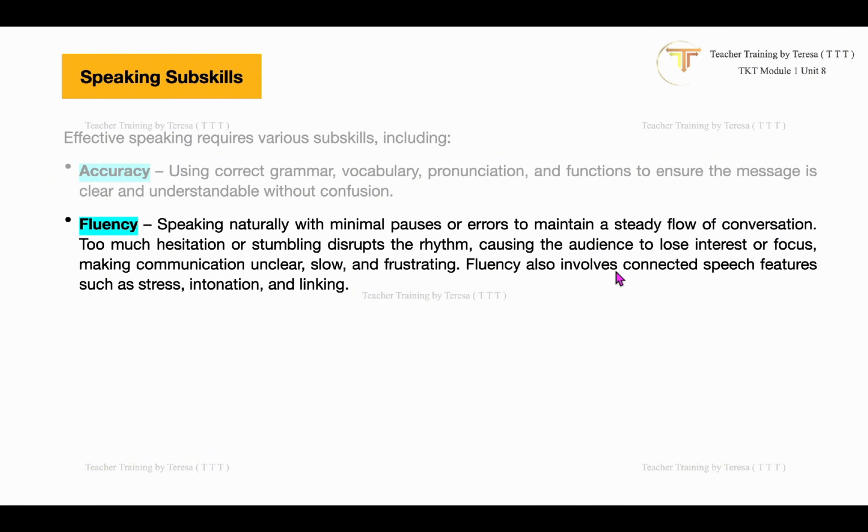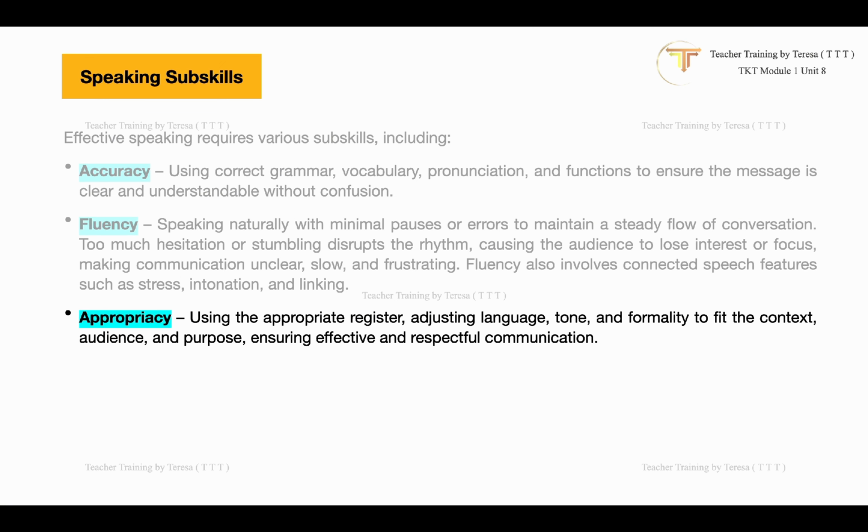Fluency also involves connected speech features, such as stress, intonation, and linking. Appropriacy, using the appropriate register, adjusting language, tone, and formality to fit the context, audience, and purpose, ensuring effective and respectful communication.